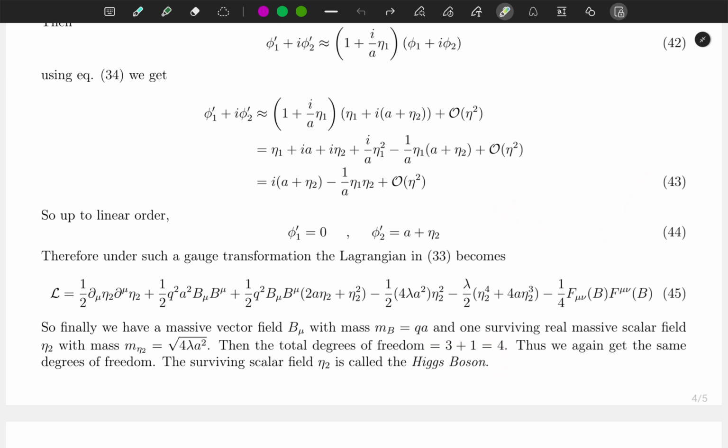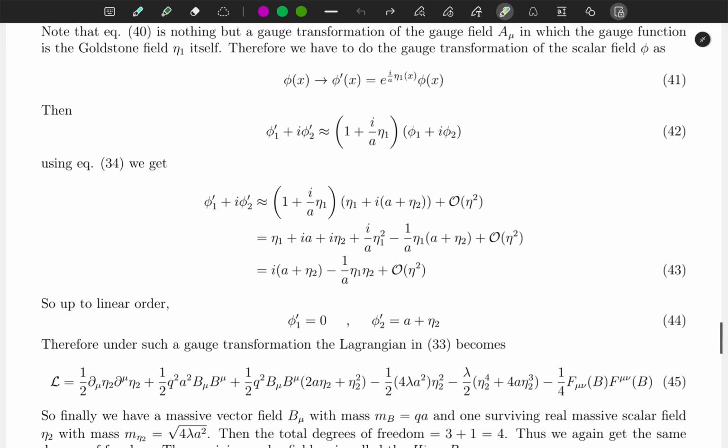So basically, why was the Higgs mechanism introduced? In the standard model, if you know, there are two particles, the W and Z bosons. These are the carriers of the weak interaction.